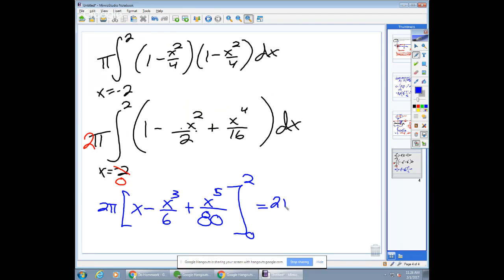So we've got 2 pi times 2 minus 2 cubed, which is 8/6, plus 2 to the 5th, 2, 4, 8, 16, 32, over 80.